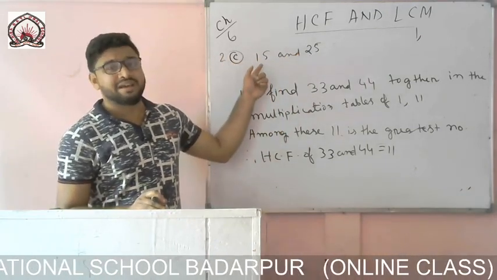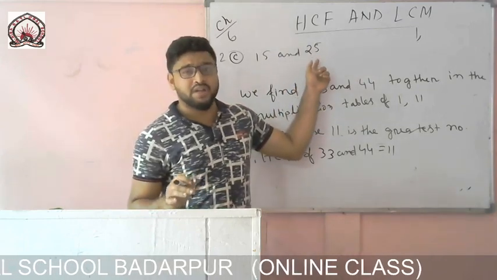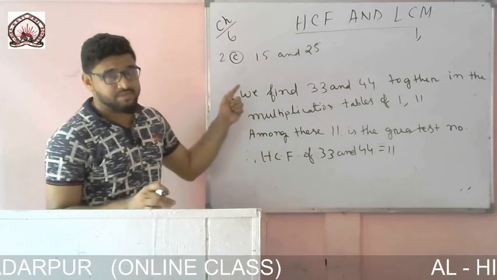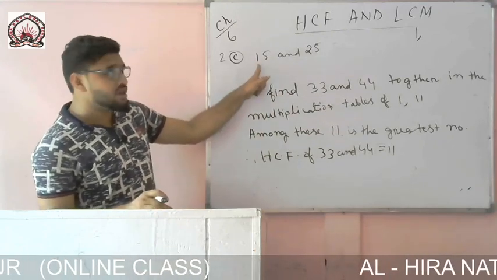In the table of 3, 15 is possible but 25 is not. With 4 also not possible. With 5, yes, I can get 15 and 25.